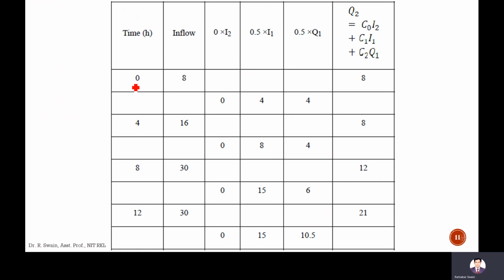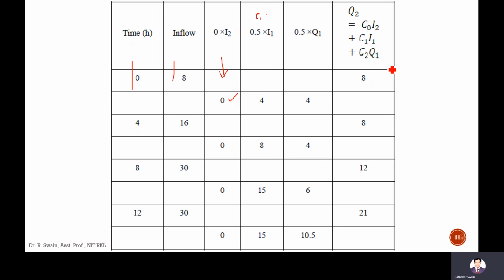In this table you can see time, the inflow data is given, and C naught I2, this value we can write directly. Because C naught is 0, the total value will be 0. Then 0.5 I1, that is C1 I1, we can calculate, then C2 Q1, and then Q2 you have to calculate.